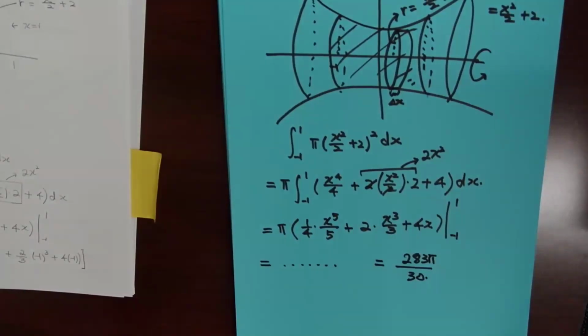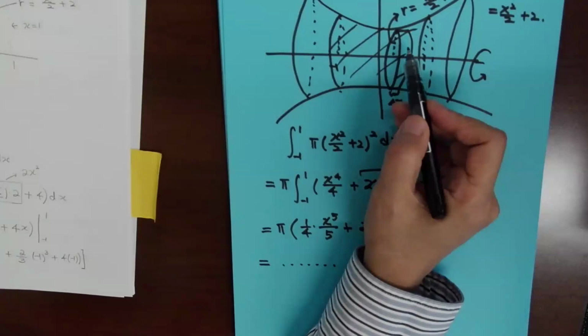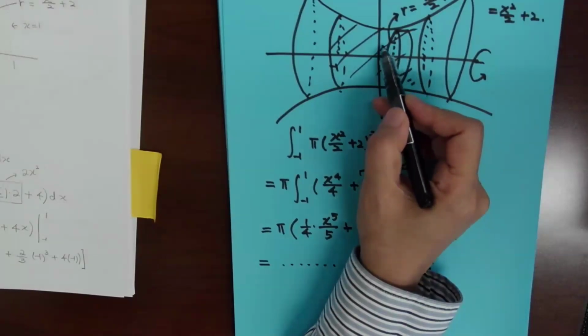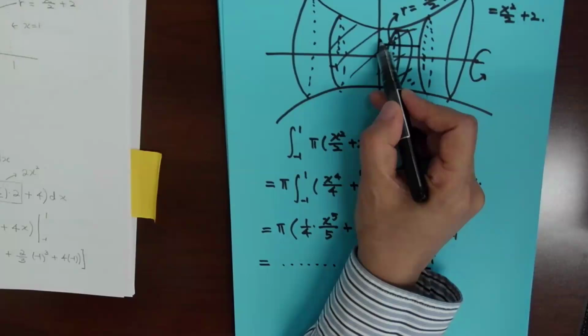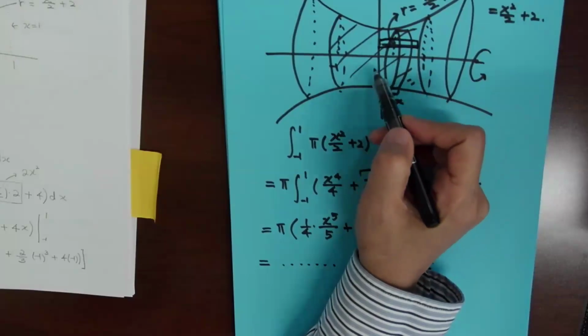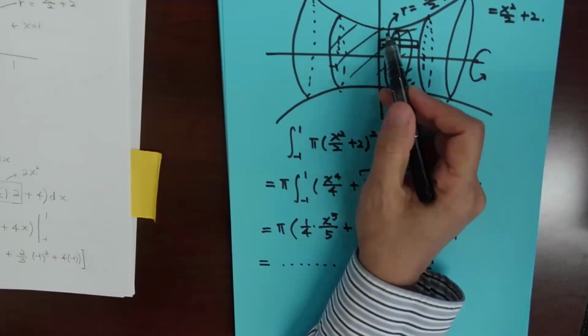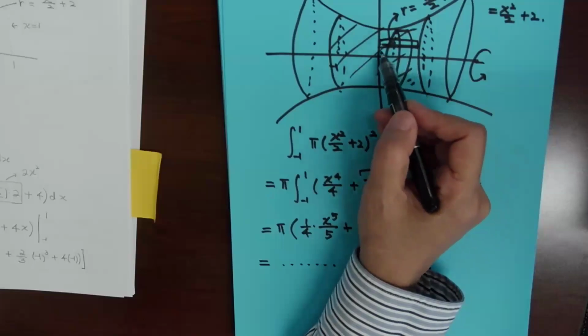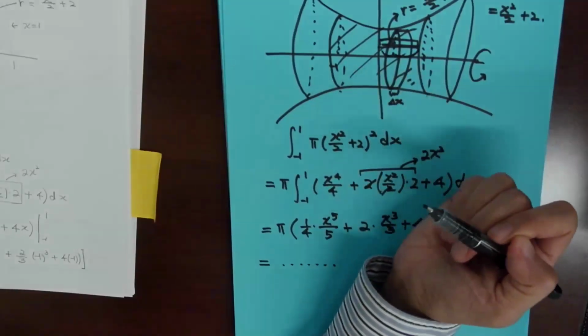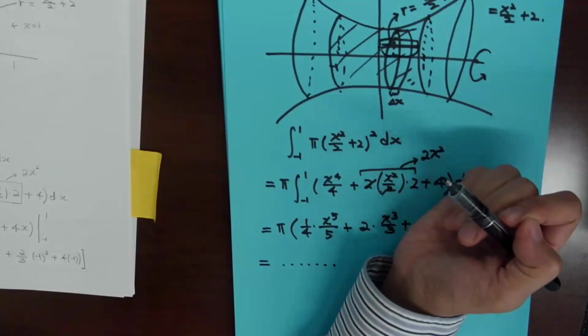Would you use the same method if you were to rotate this object around the y-axis instead? If you rotate the object along the y-axis, then the cylindrical object would look like this, right? The thickness would be delta y, right? And so we will think about the y region, and then the function we have to deal with will be defined with y, right?